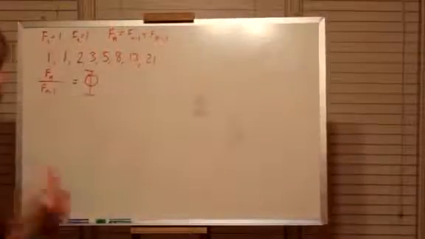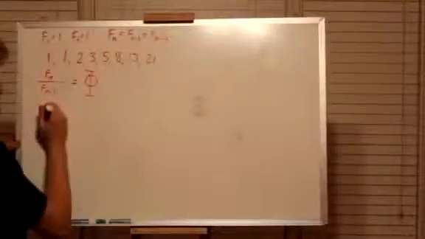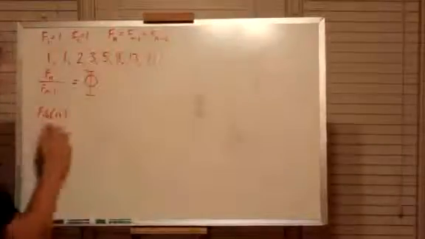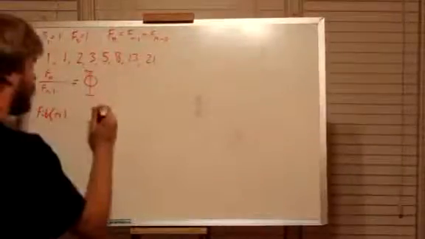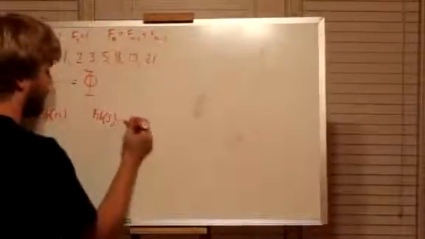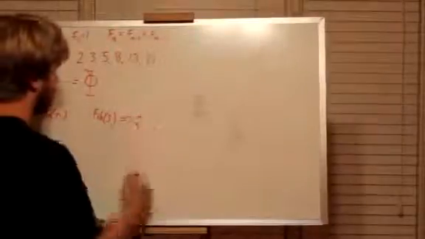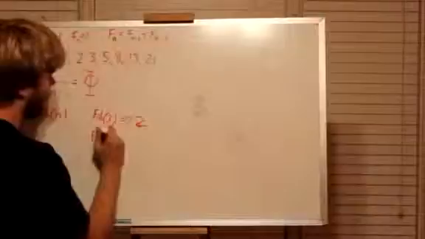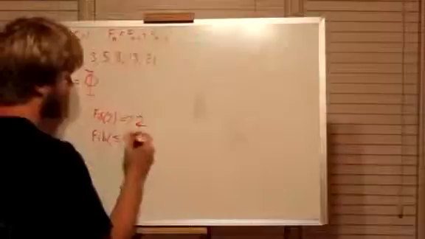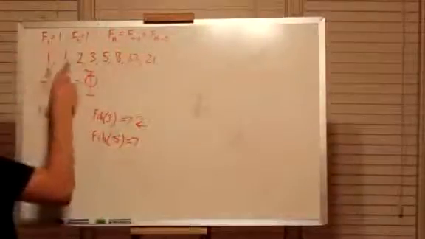So for our program, we're going to have the function fib, and we're going to call the nth one, and we want it to give us what the nth one is. So if we take fib 3, it should return 2. If we take fib 5, it should give us 1, 2, 3, 4, 5, which is 5.